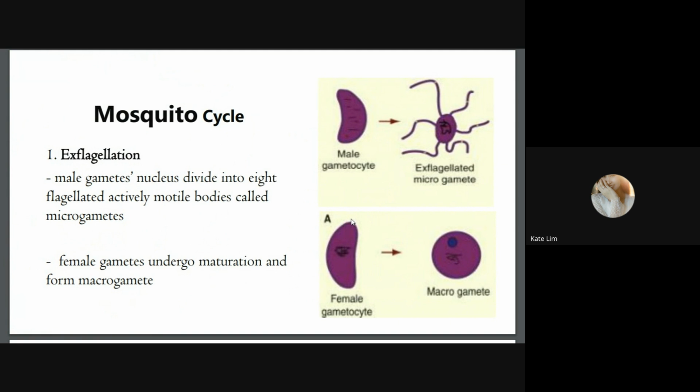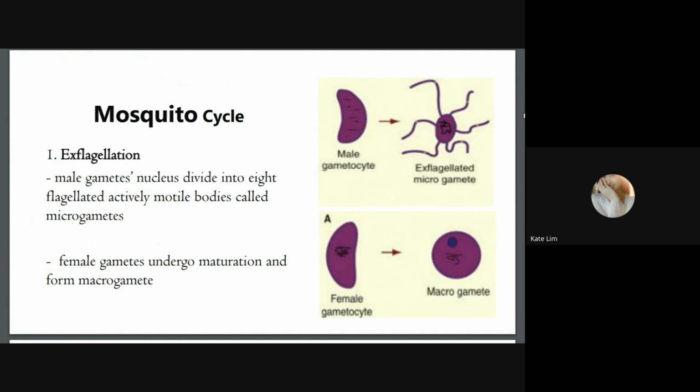If you remember, exflagellation refers to the process where the male gametes of your Plasmodium undergo a series of changes that enable them to become motile. Only the male gametocyte undergoes the process of exflagellation, which enables it to become motile and capable of fertilizing the female gametes.